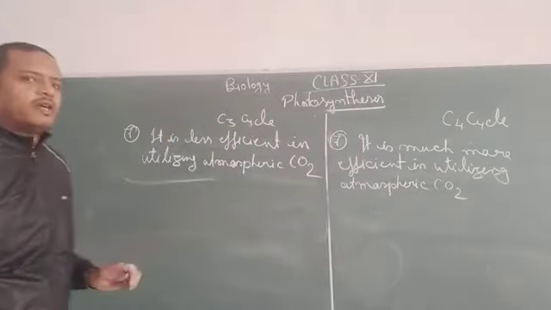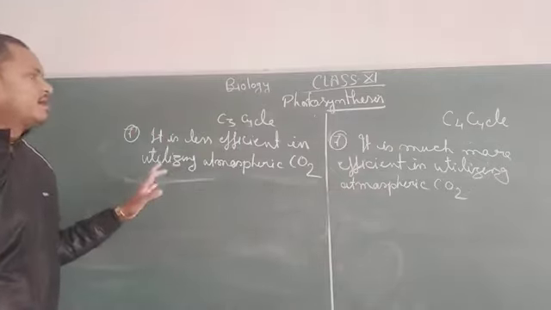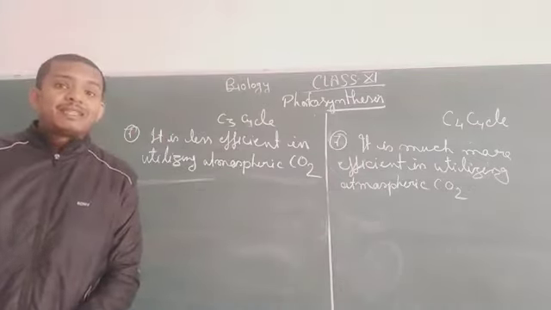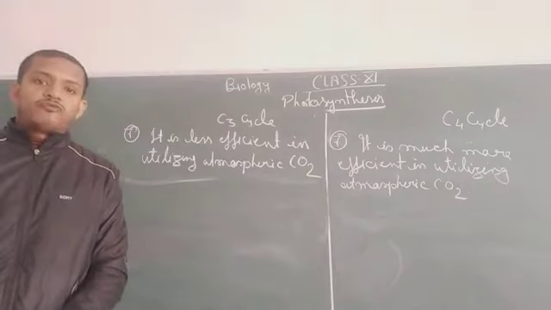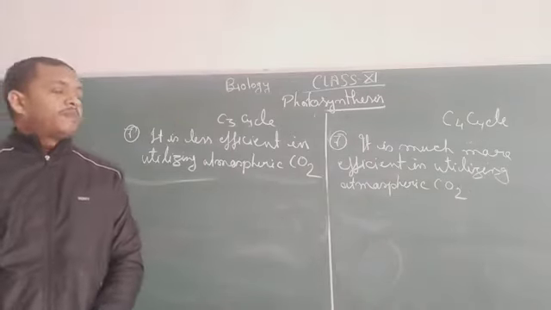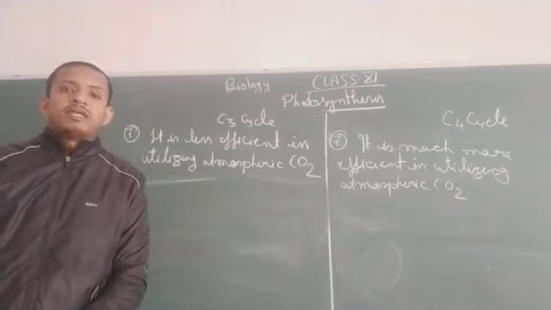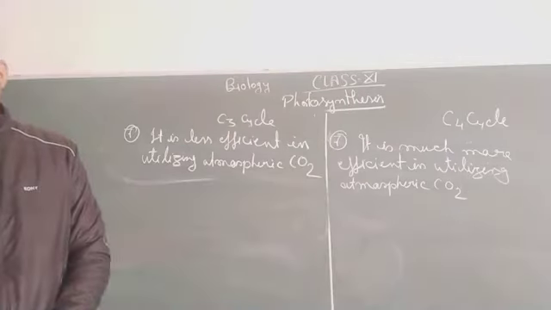So what we have found here is that in case of C3 plant, they are less efficient in utilizing atmospheric carbon dioxide, but C4 plants are very efficient in utilizing carbon dioxide.